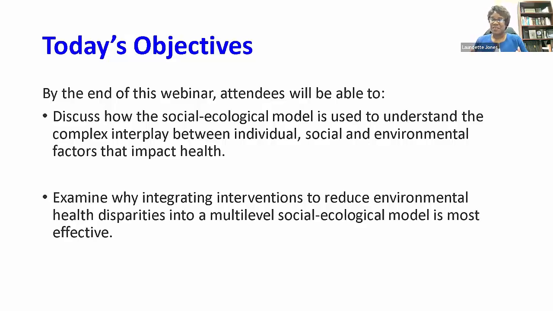I'm going to use kind of a social-ecological model lens to do that. And then at the end, talk about why integrating multiple interventions from various multi-sectors is important to really reduce environmental health disparities, and how working together can be so effective.